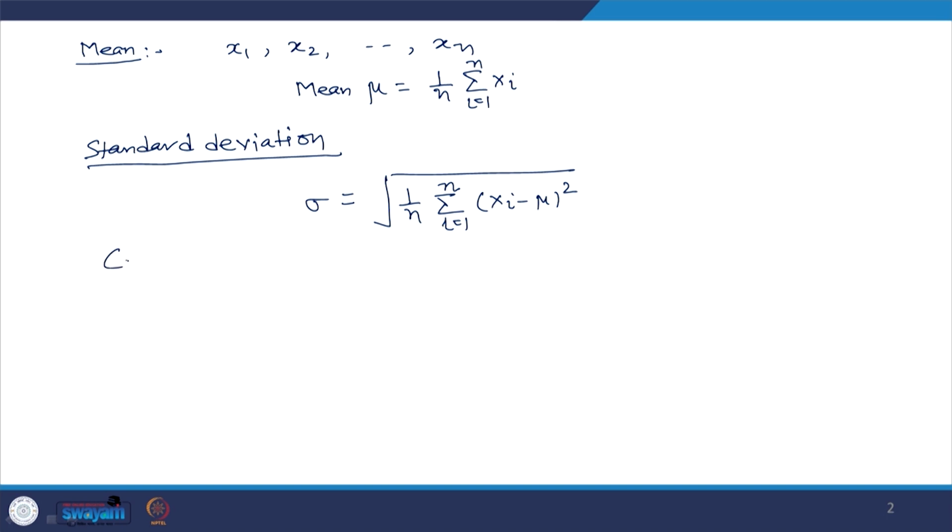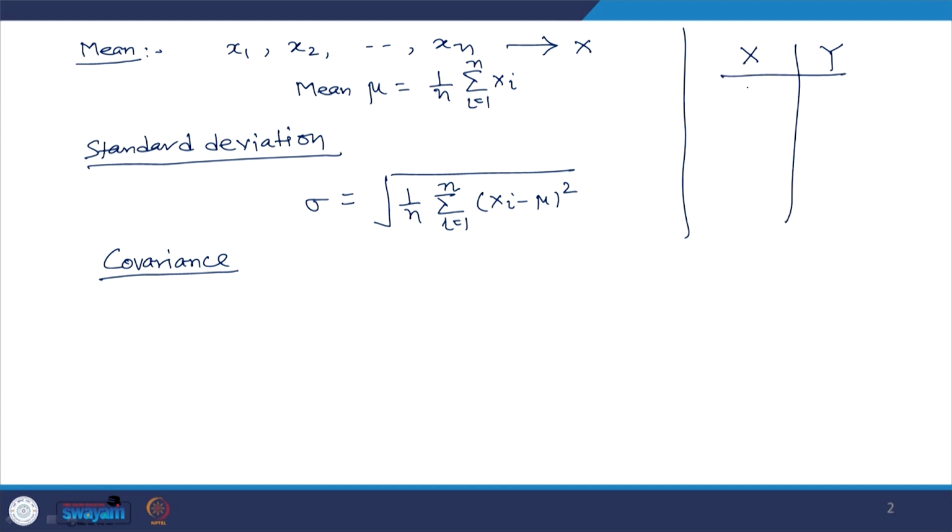The next one is covariance. Here I am taking only one variable, that is x. Suppose I am having two variables, one is x, another one is y. So, it is having values x1, x2, xn, and y1, y2, yn.